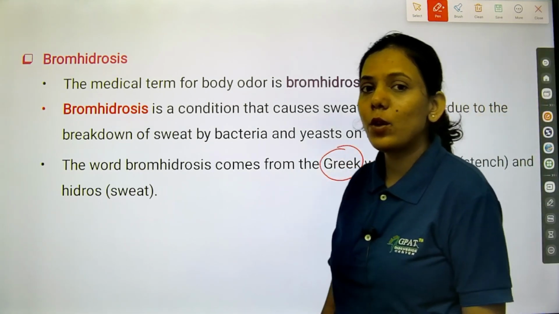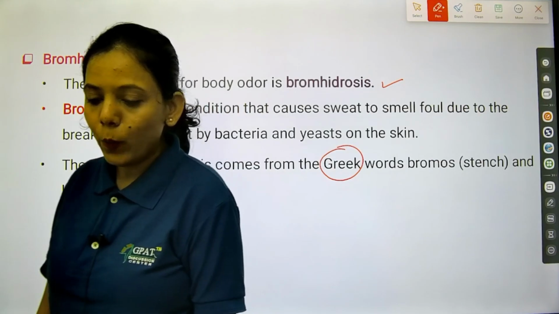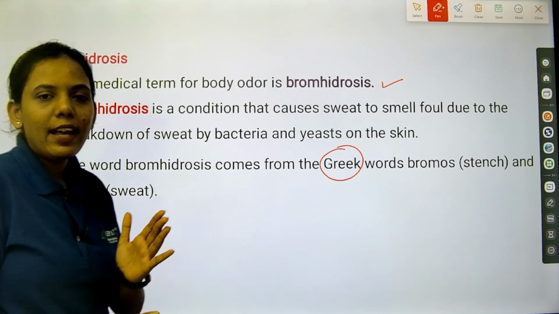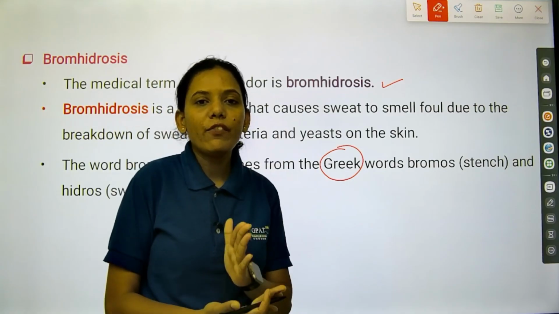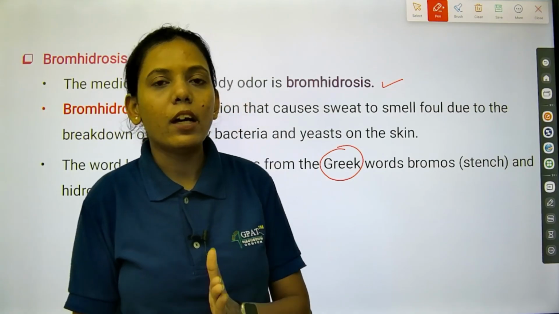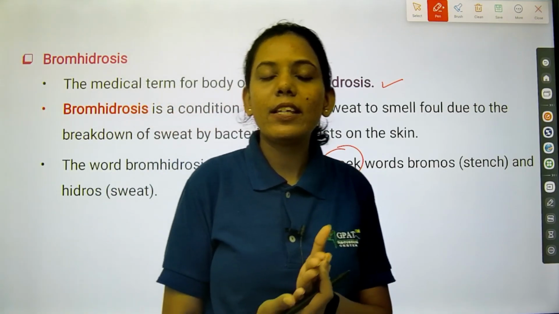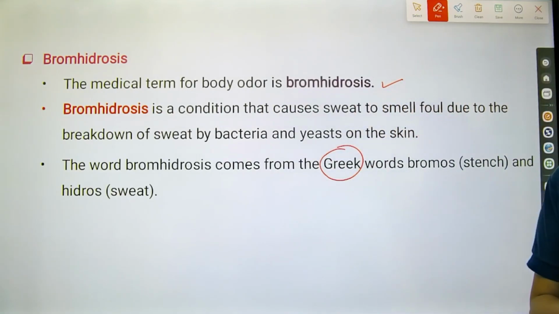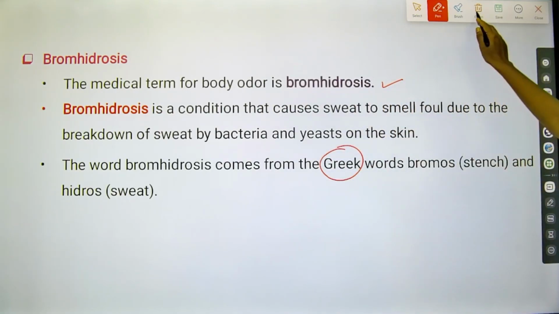Remember, they may ask you whether it is derived from the Greek word or the Latin word. It is derived from the Greek word bromos. Bromos means stench and hydrosis means sweat. So it is the breakdown of sweat by bacteria or yeast, giving some foul smell. We call it bromhidrosis, and it is derived from the Greek word.